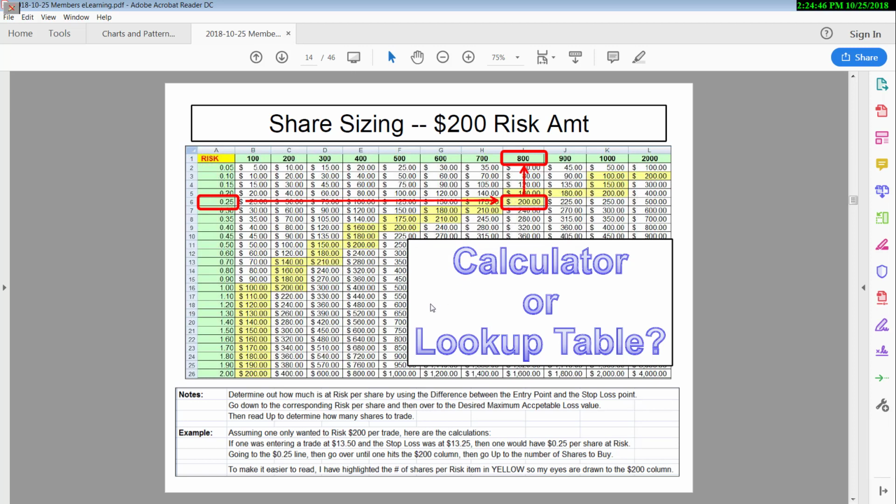If I only wanted to risk $100 and the stop was 25 cents, look down to 25, over to 100, and up to 400. And if I was going to risk up to $300 on this trade, I would multiply that by 3. That'd be 1,200.